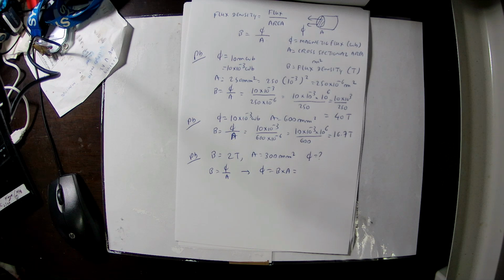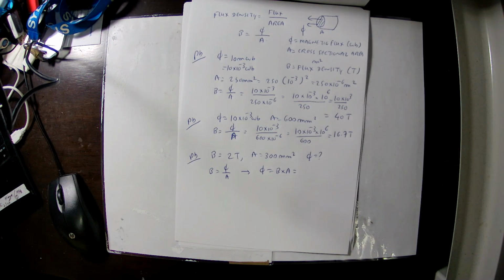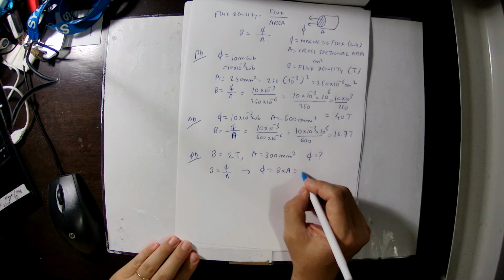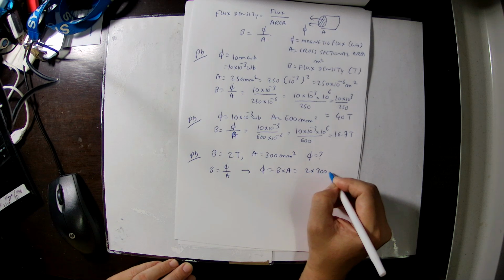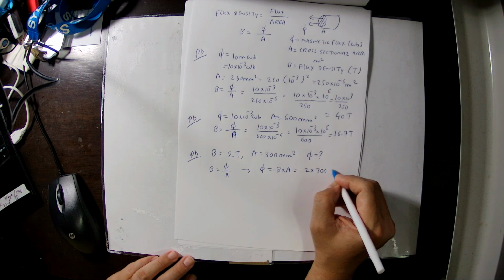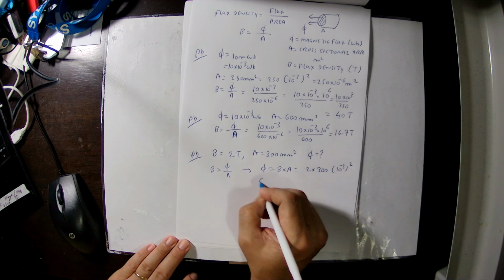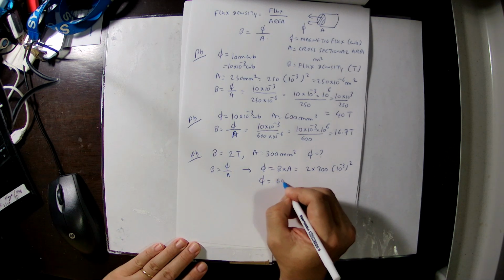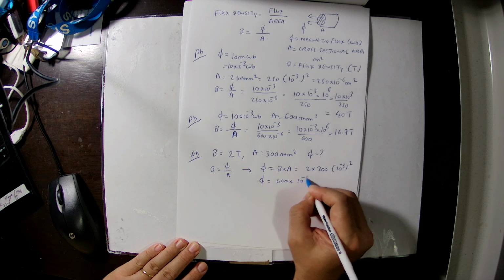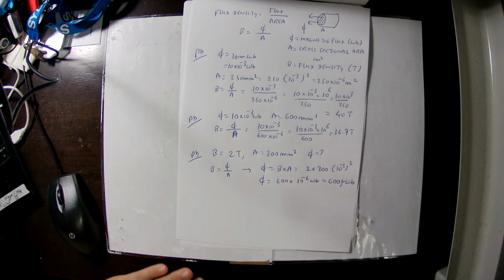So B is 2 Tesla, area 300 into 10 power minus 6 meter square, since 1 millimeter square is 10 power minus 6 meter square. That will be 600 into 10 power minus 6 Weber, or 600 microweber. This is the way we calculate the flux.